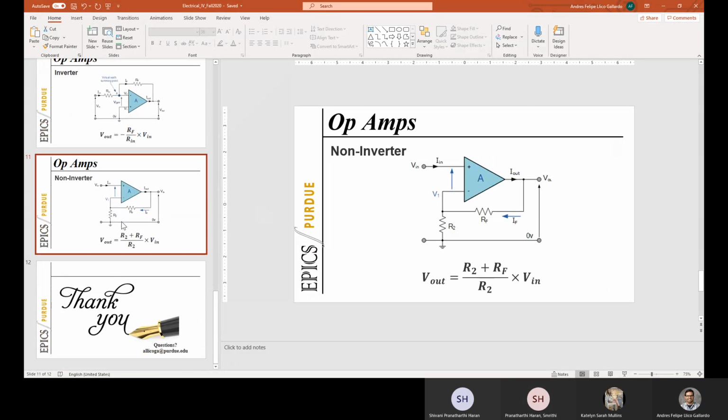So if we remember, we have this setup where we have the two resistors, one connected to ground, the other one connected to the output, and now the input is coming on the plus terminal.